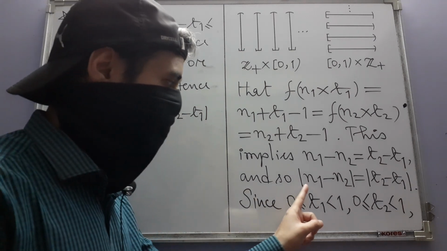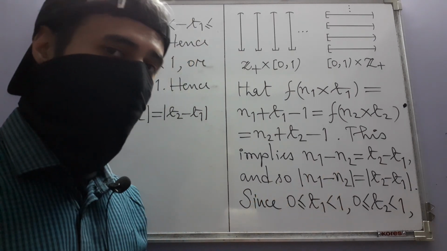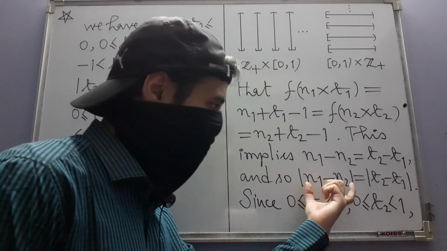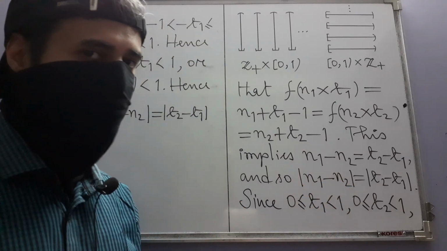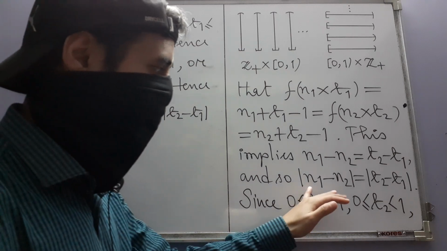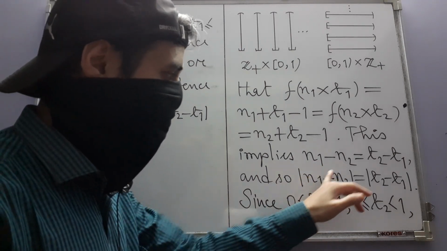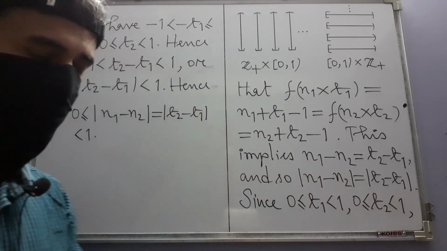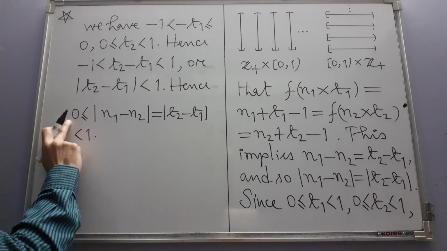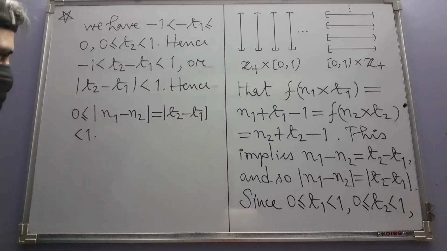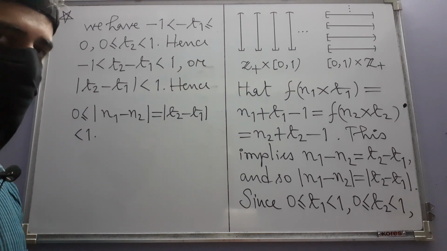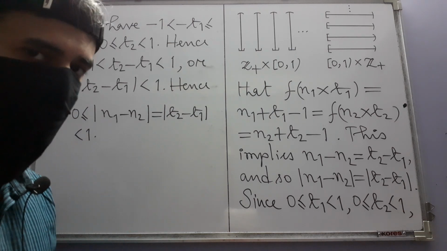But n1 and n2 are both positive integers, so n1 minus n2 is an integer. It may be negative, it may be positive, 0, anything can happen, but it's an integer and its absolute value is a non-negative integer. So we now have a non-negative integer that is less than 1. So it can only be 0.